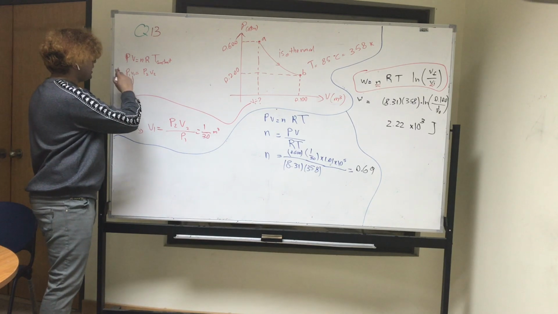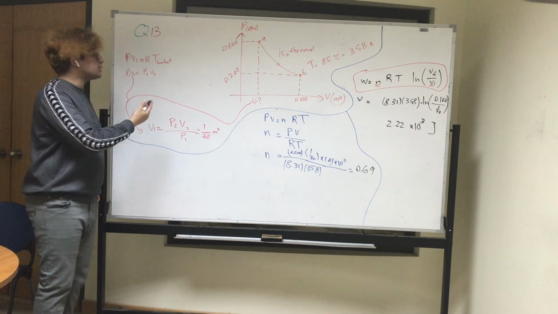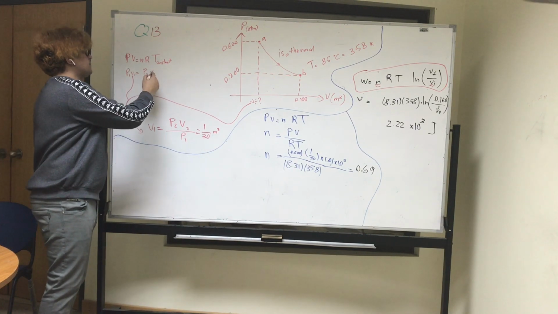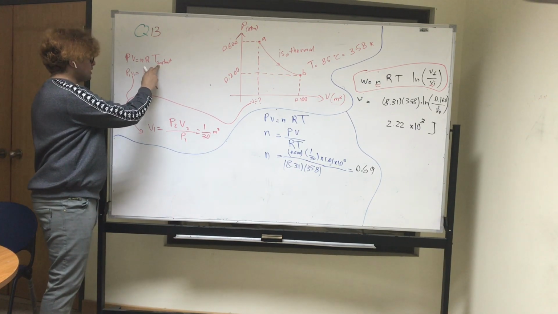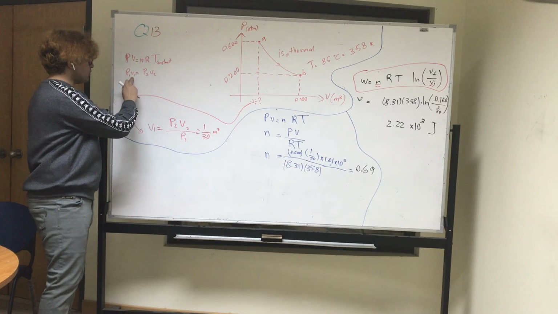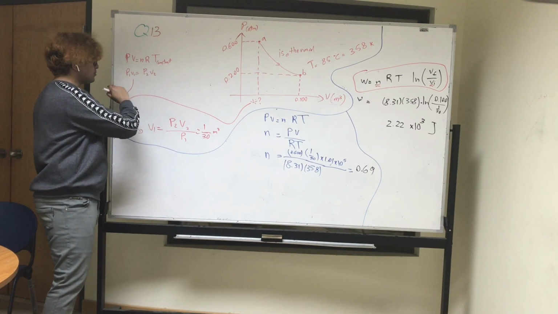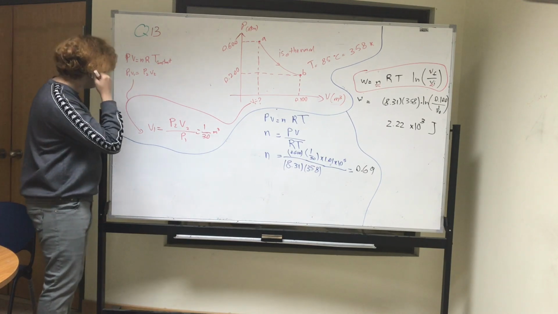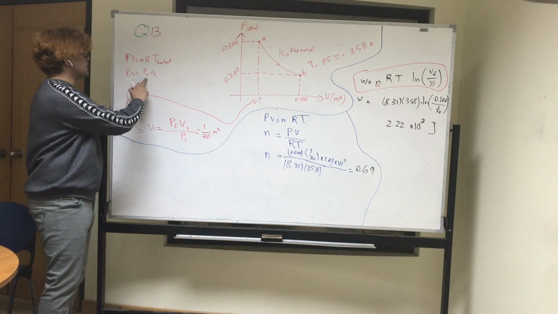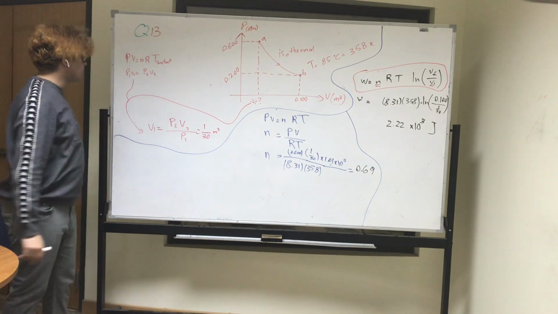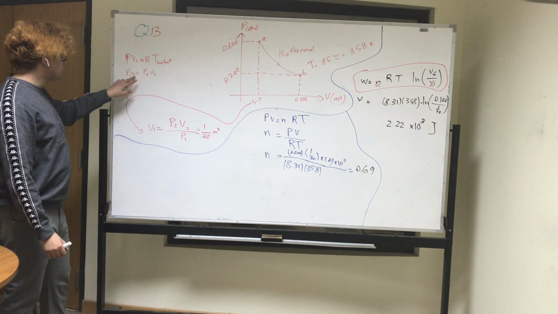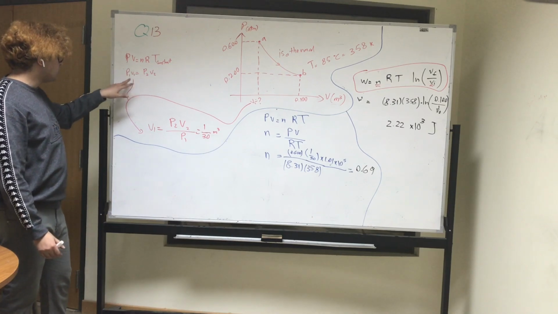So we know from our ideal gas equations that PV is equal to nRT. But T here is constant. So if T is constant, then the initial pressure times the initial volume is going to be equal to the final pressure times the final volume. So using this equation, we could just solve for the initial volume if we divide both sides by P1.